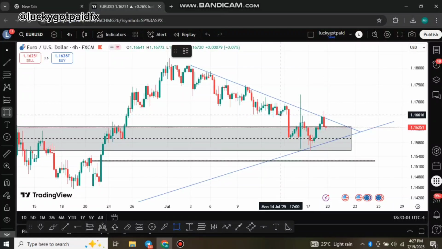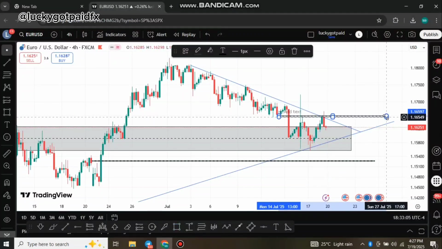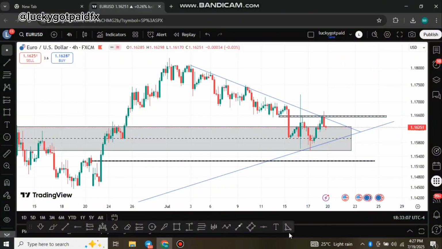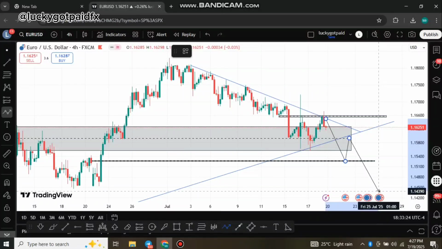Let's mark this level because this is the place we are going to be entering the trade. The main reason we are entering in that position is that the market can just go down, then retreat, then boom. So we don't want to be a victim of that.